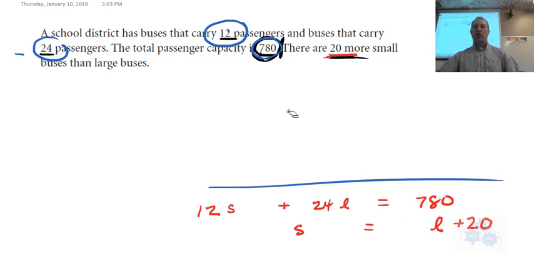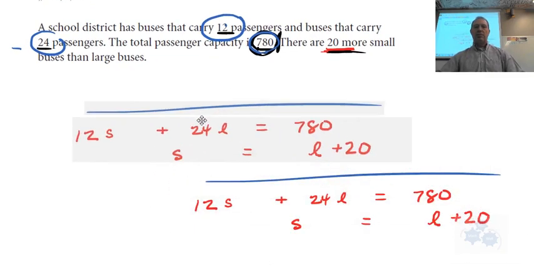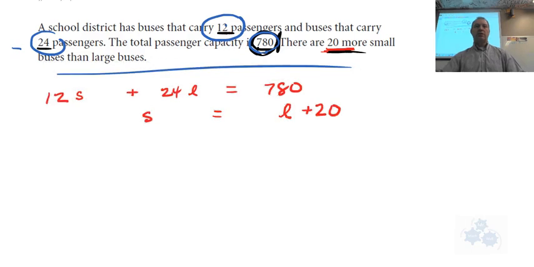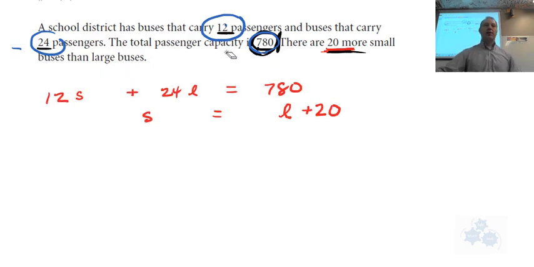Okay? So I already talked about these equations, and I'm just going to go over this real quickly one more time. In these types of questions, you're going to be asked to create two equations for the two separate parts. The first part, 12 times the small buses, plus 24 times the number of large buses should give us 780.